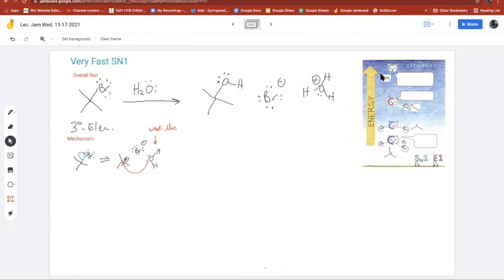But the carbocations are very strong electrophiles. They're very, very strong electrophiles because they're missing an octet and they have a plus charge. They're like vacuums.